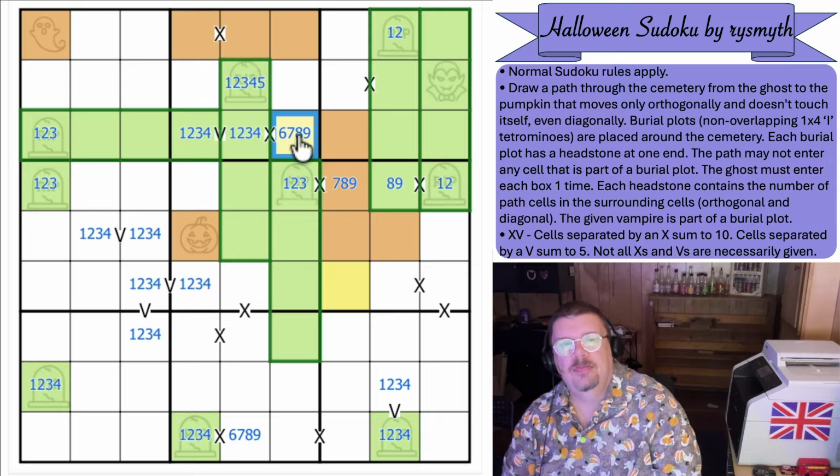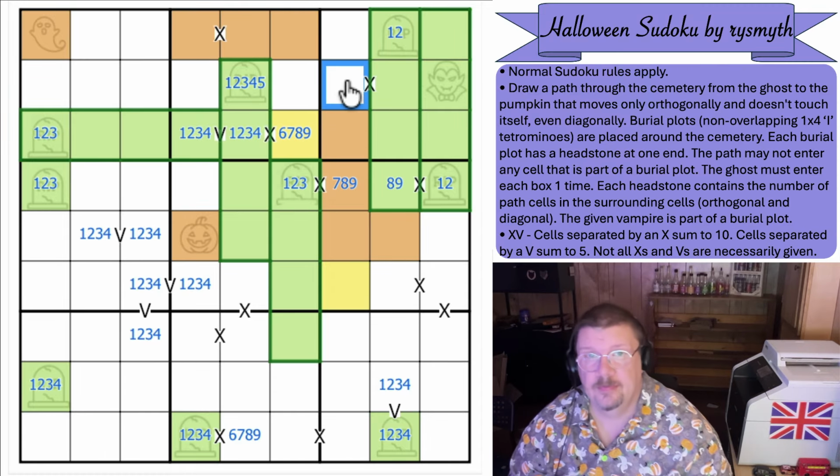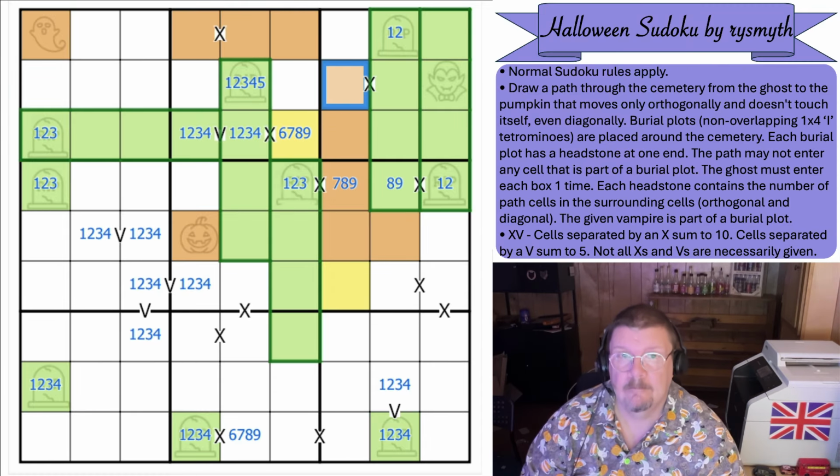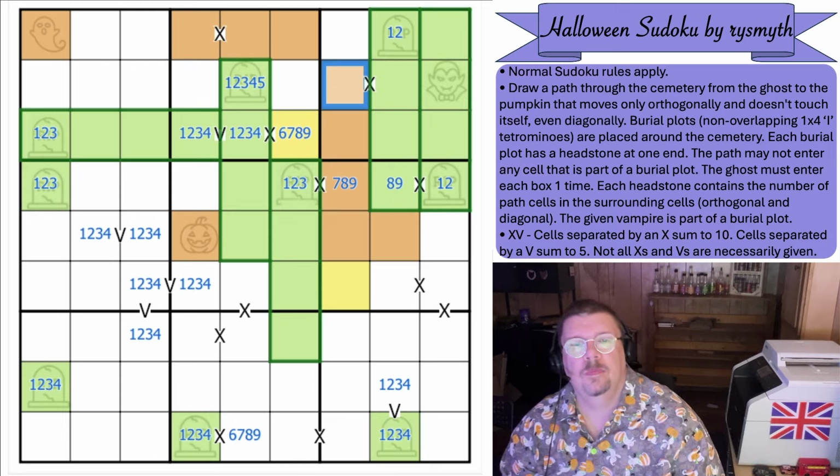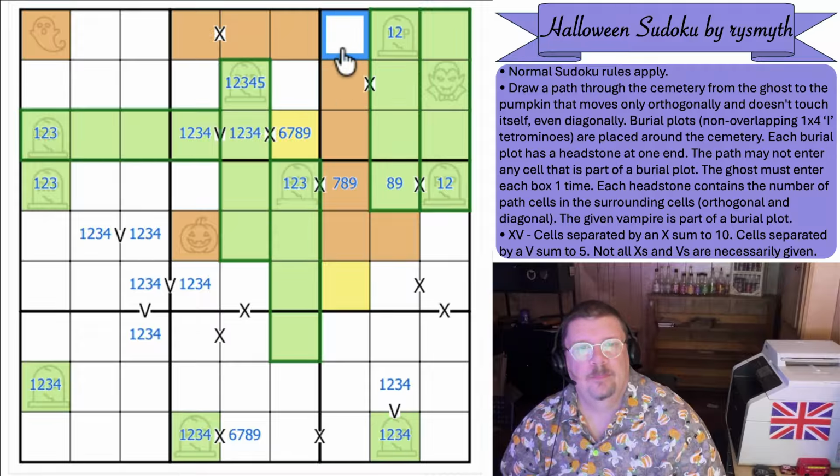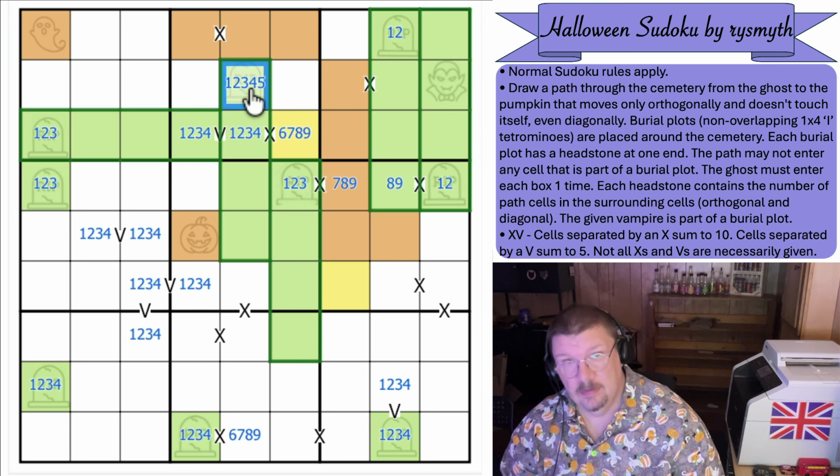If that's path, then we must have taken this as a path, and then that would be a 0. Right, so that is legit. Therefore, this is path. And then one of those 2 will be. So that's at least a 3.